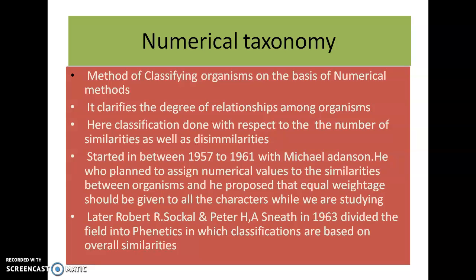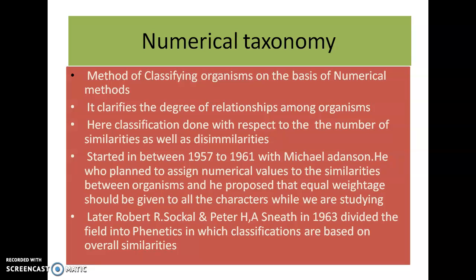Numerical taxonomy is a method of classifying organisms on the basis of numerical methods. More clearly, this is the branch of science in which the classification is mainly done with respect to the number of similarities as well as dissimilarities.